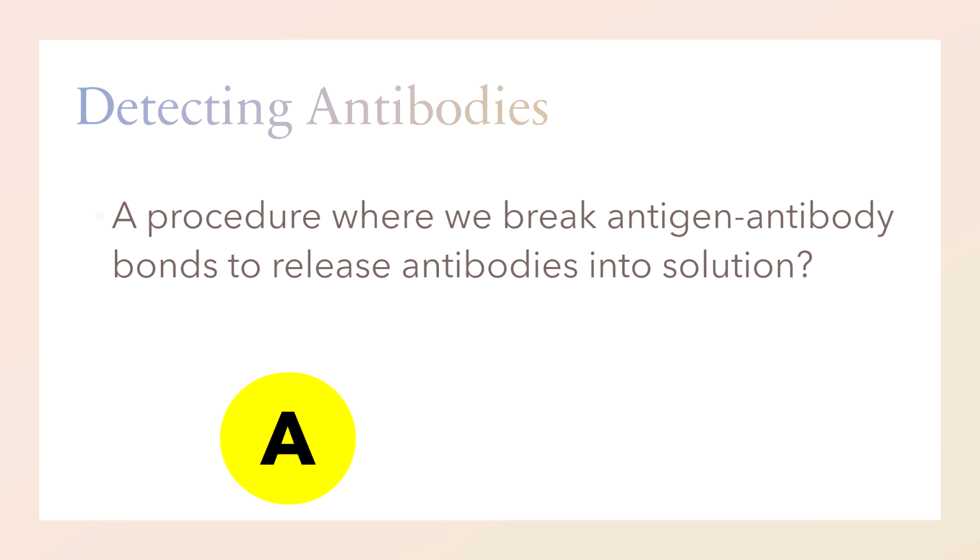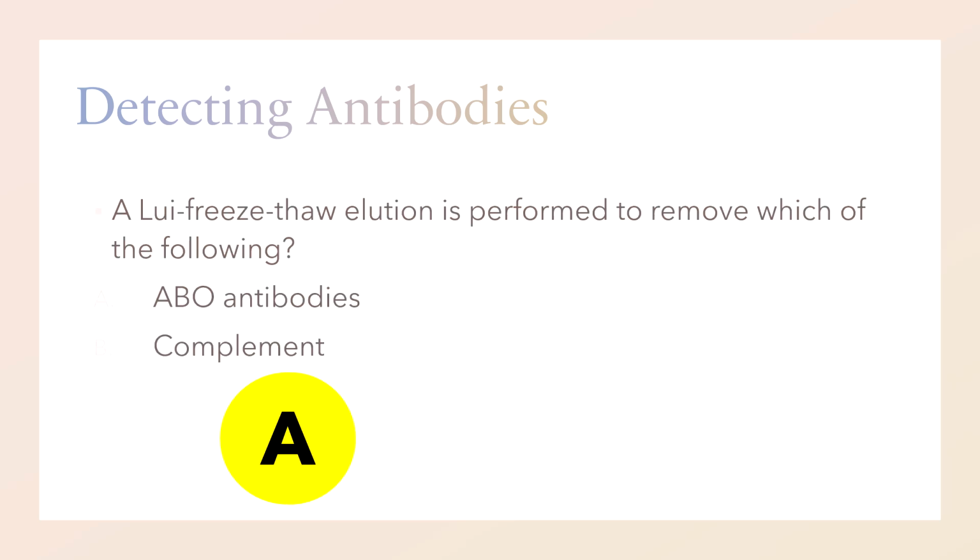Detecting antibodies, a procedure where we break antigen-antibody bonds to release antibodies into solution is called elution. A Lui freeze-thaw elution is performed to remove which of the following? ABO antibodies or complement? ABO antibodies.